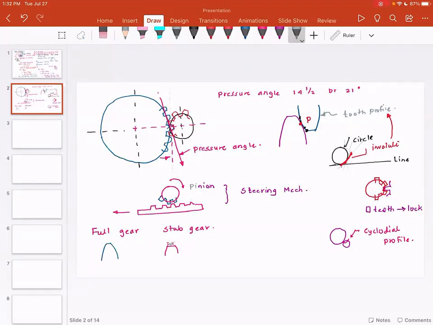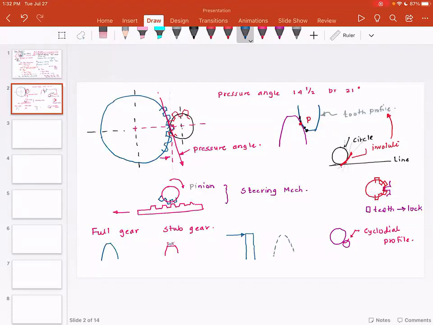Because let's look at the way this gear can fail. The simplest way to imagine gear is think about it as a cantilever beam.